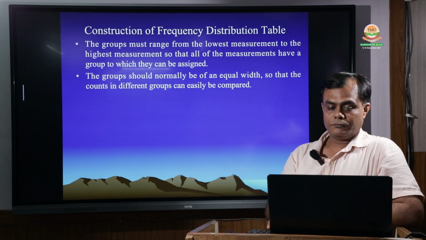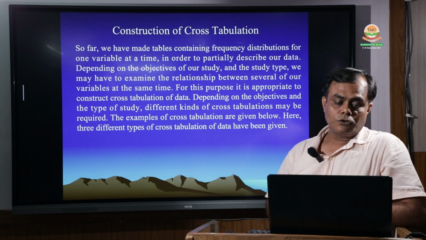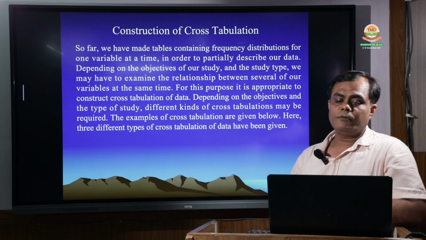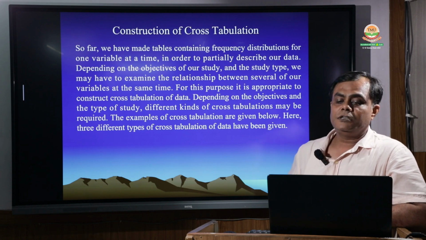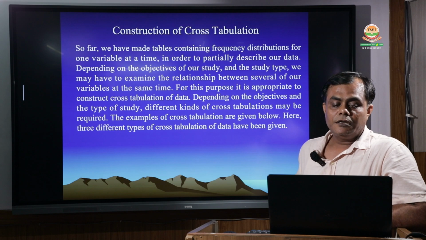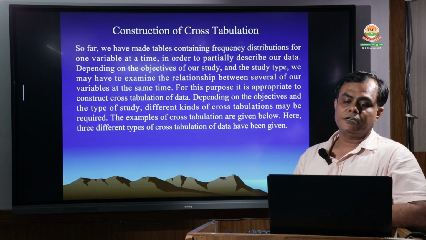Next is the construction of cross tabulation. So far, we have made tables containing the frequency distribution for one variable at a time, in order to partially describe our data, depending on the objectives of our study and the study type.